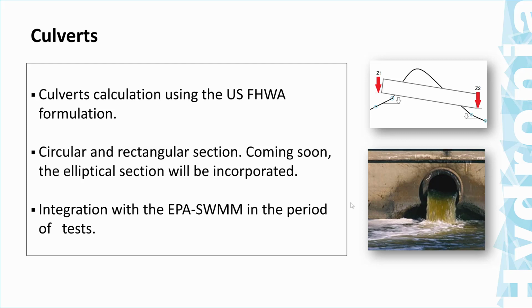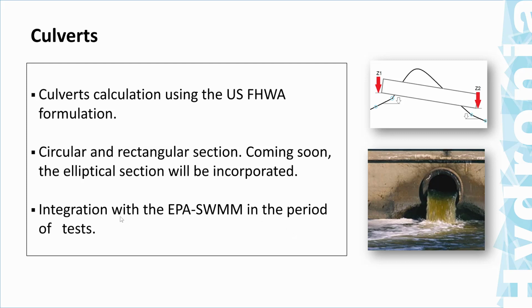Now, as I indicated before, the model can handle culverts, and the culvert calculation is done using the USA Federal Highway Administration formulation. It can do circular and rectangular cross sections, and there will be an elliptical section that is going to be incorporated, and it's under development.